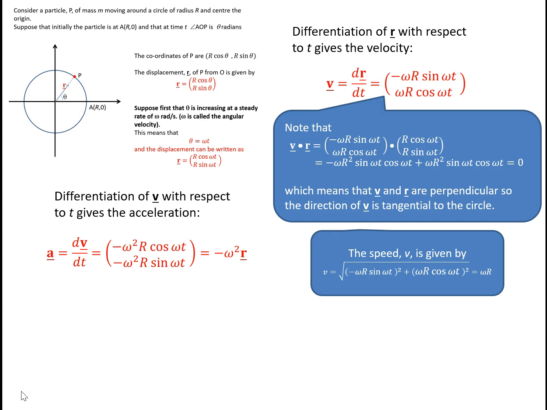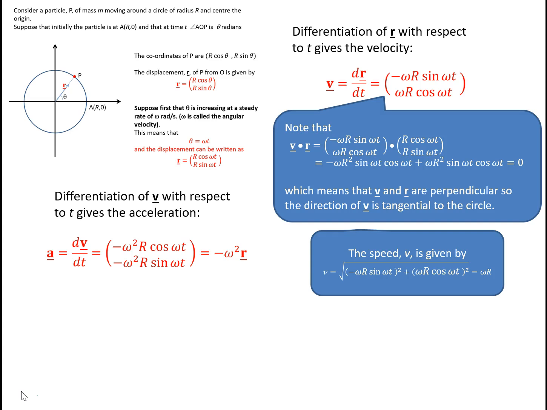The derivative of omega r cos omega t is just going to give me minus omega squared r sin omega t. And if we pull out a factor of minus omega squared, then we can see that the acceleration is simply minus omega squared times little r. And little r, remember, was the displacement of P. So we've got the acceleration is minus omega squared times the displacement of P.